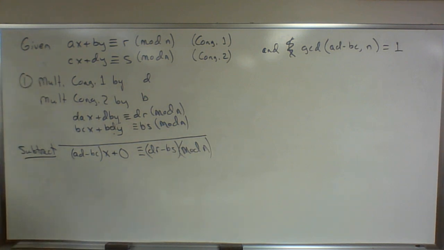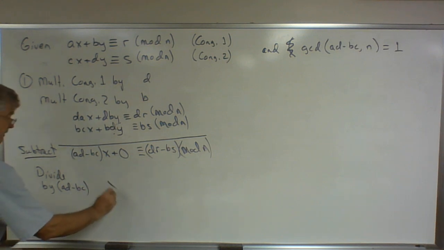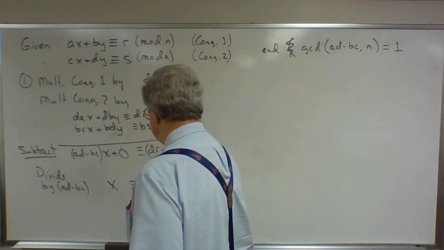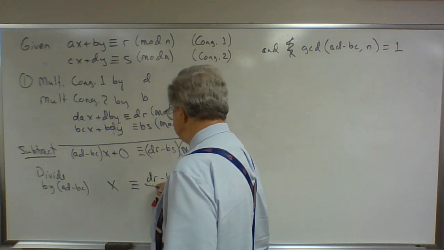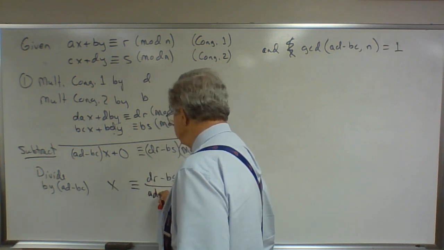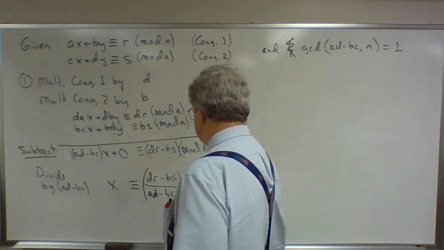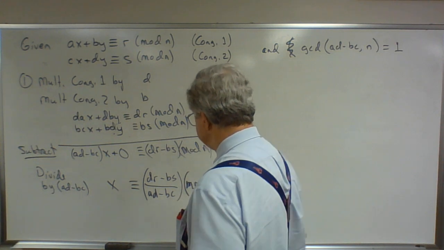Oh, and guess what we're going to do next? Divide by AD minus BC. No wonder this thing can't be 0. And that will give us x is congruent to Dr minus Bs over AD minus BC mod n.